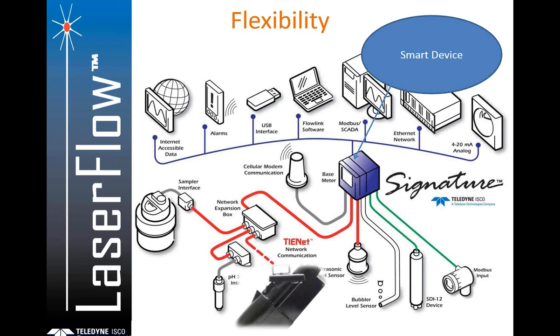We can trigger automatic samplers, interface pH and temperature sensors, tipping bucket rain gauges, as well as we can also output Modbus 4 to 20 milliamp. You can get it with an Ethernet modem, USB interface, cellular modem in there. So lots of ways you can build this up.